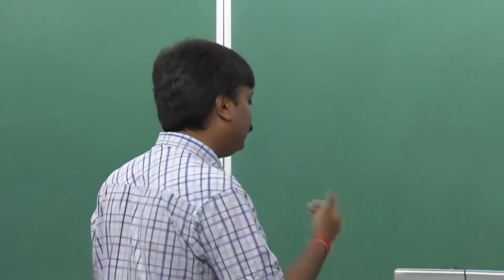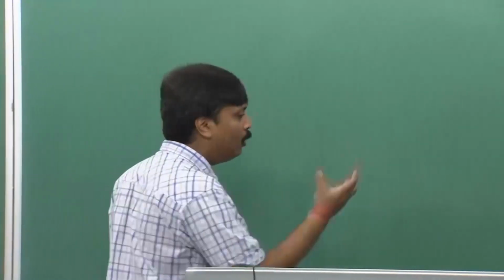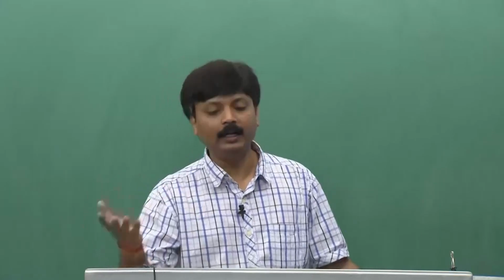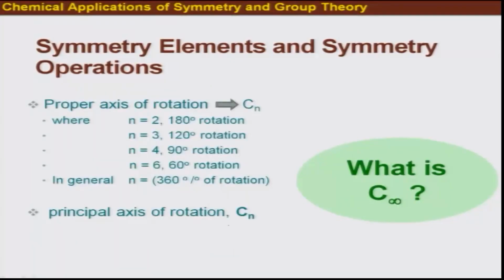So anyone can do an identity operation on any object and get an identical structure. Here it's identical, not only indistinguishable. So that is about the identity operation E. Next, we talk about the rotational symmetry element. This is also called proper axis of rotation.